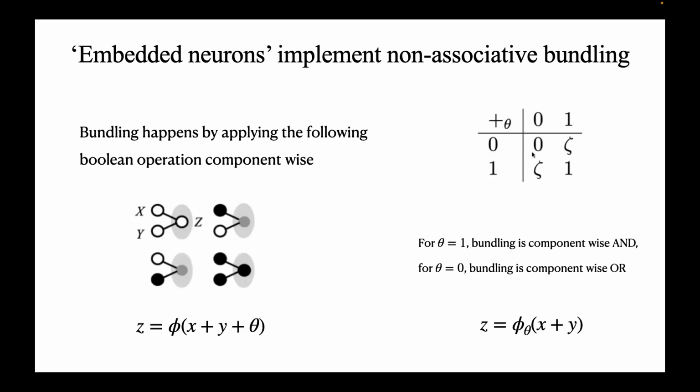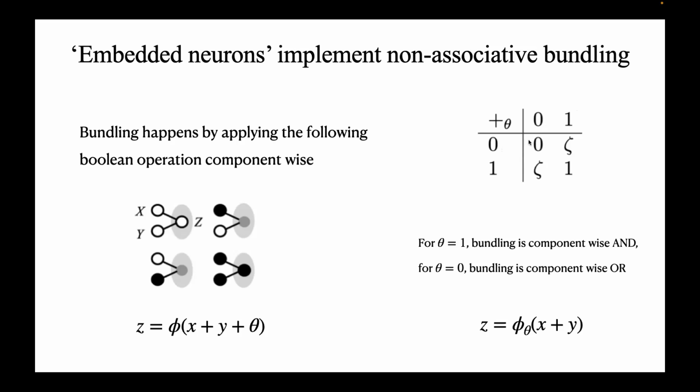First, have a look over here. Assume you have two states x and y here, and you would like to bundle them together to give a third state z over here. And you do this component-wise: if both components are 0, you give a 0. If both are 1, you give it a 1.